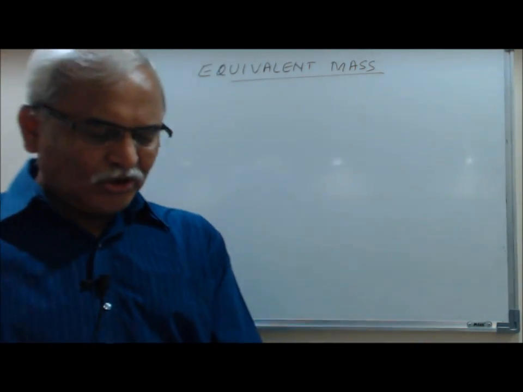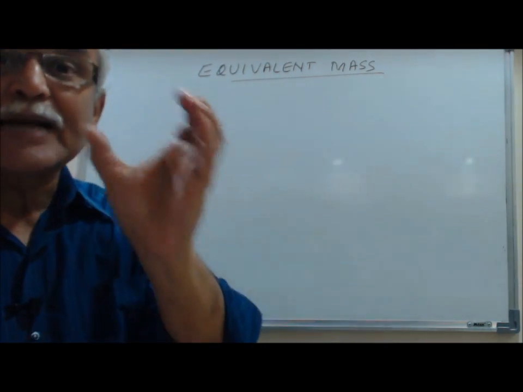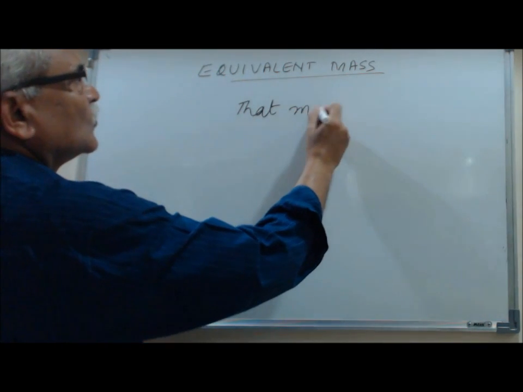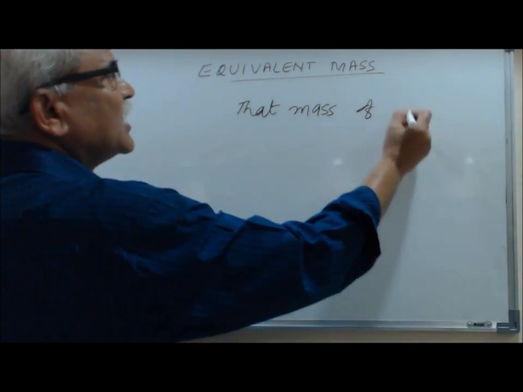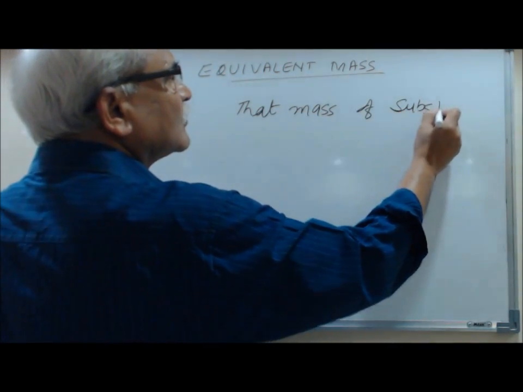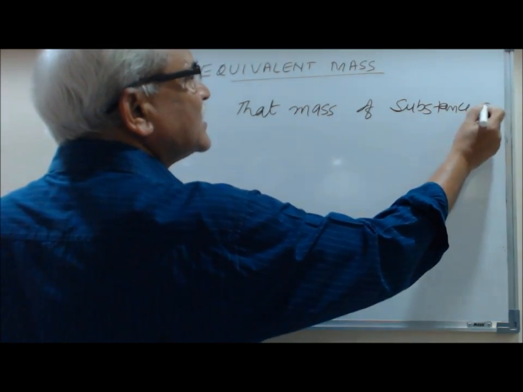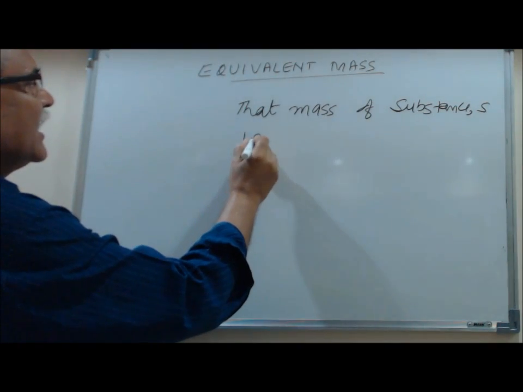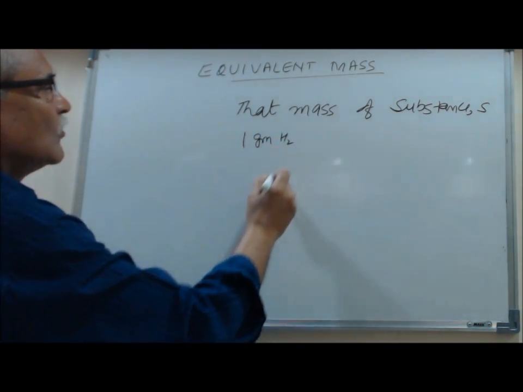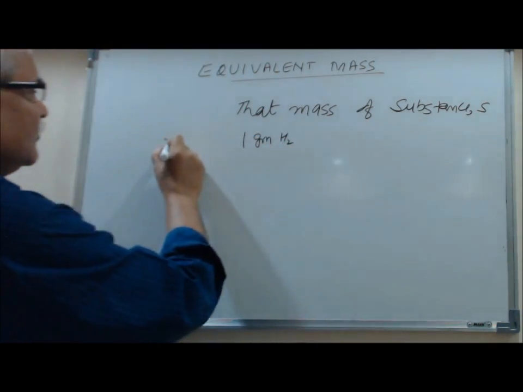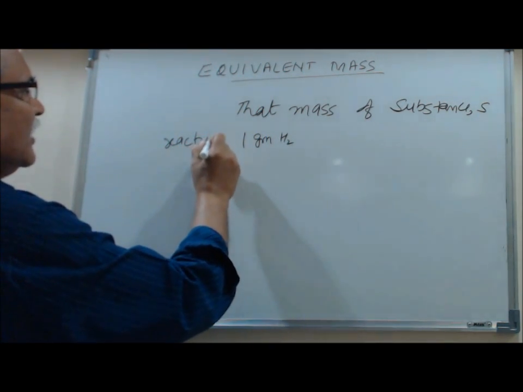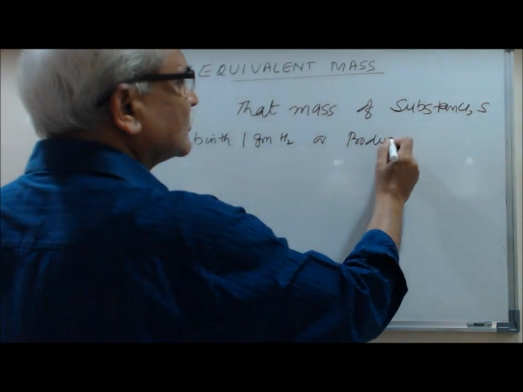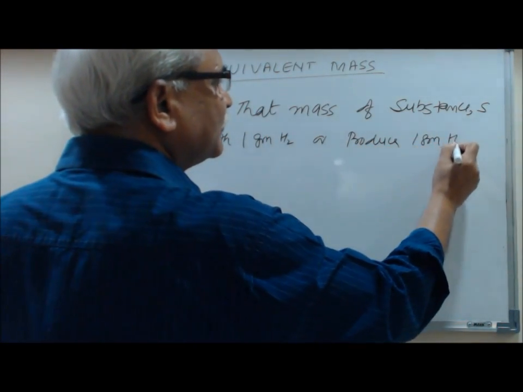The formal definition of equivalent mass is that mass of a substance, say S, which reacts with 1 gram of hydrogen or replaces 1 gram of hydrogen, or produces 1 gram of hydrogen.